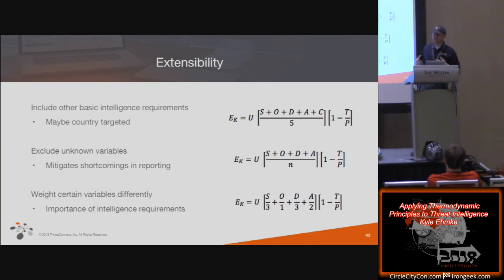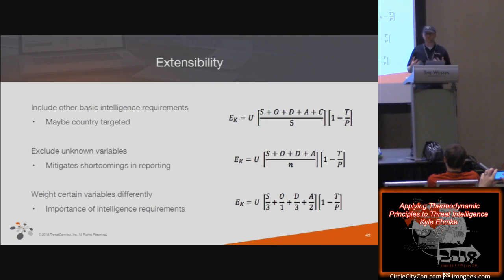Or maybe you want to exclude unknown variables to mitigate shortcomings in reporting. By using n instead of 4, where n is the number of variables that you're actually including, this equation could do that.